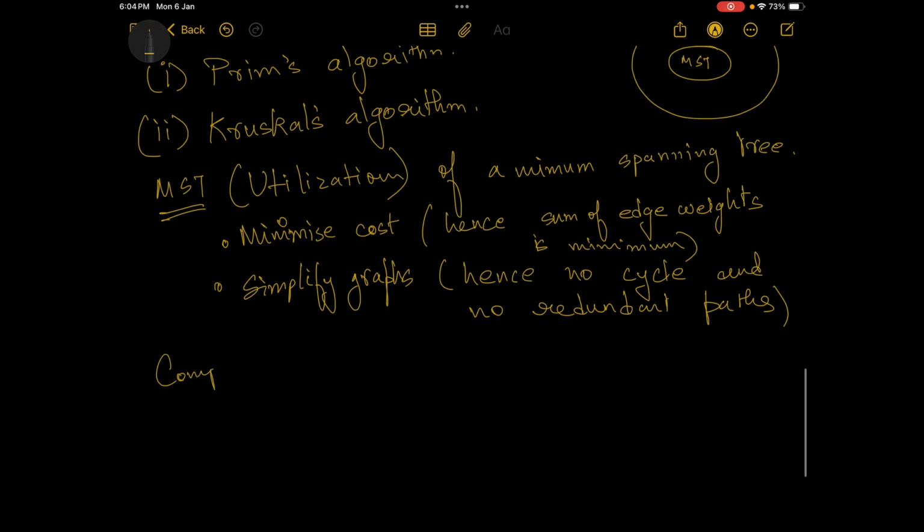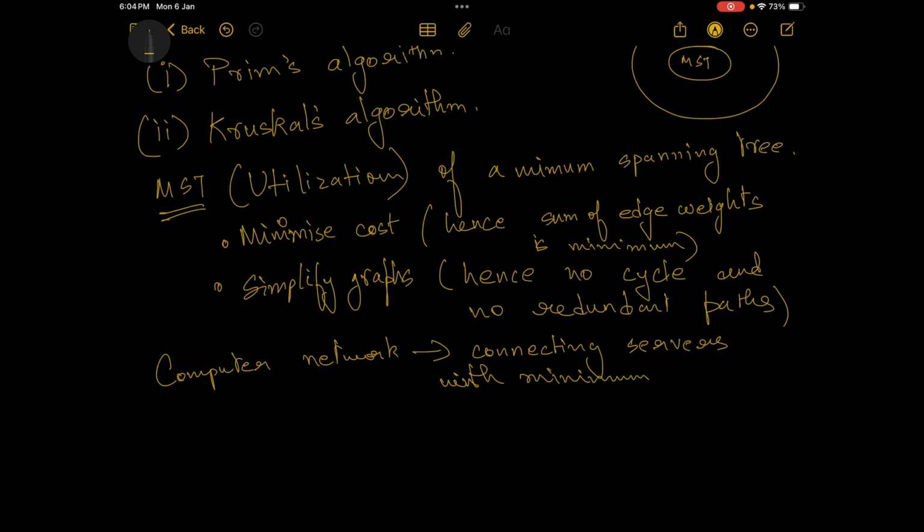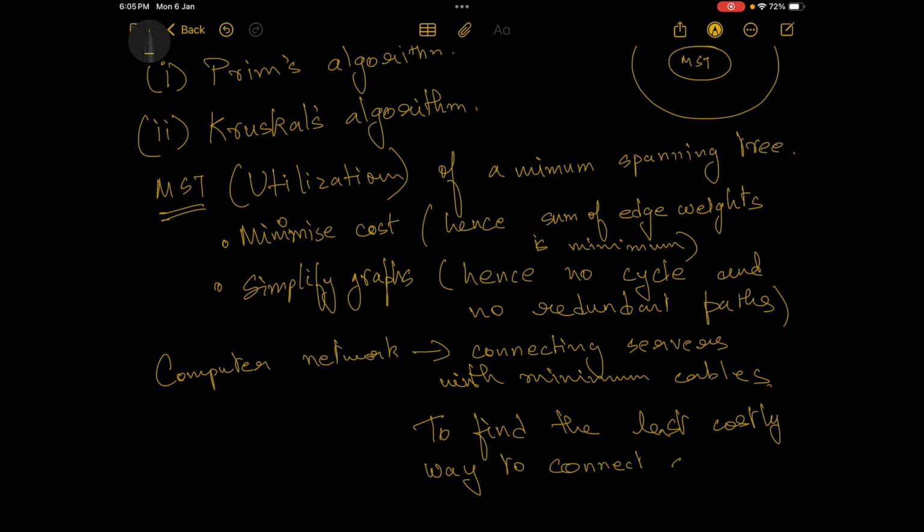You can use it in computer networks, right, for connecting servers with minimum cables, or you can use it to find the least costly way to connect cities with roads.